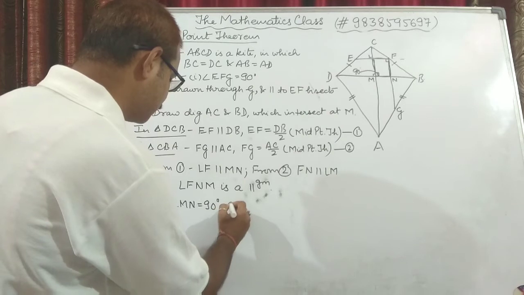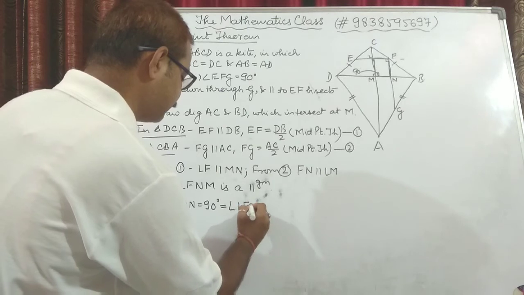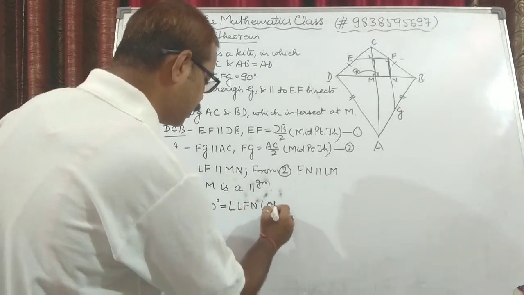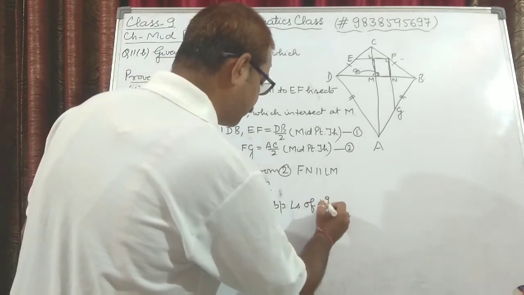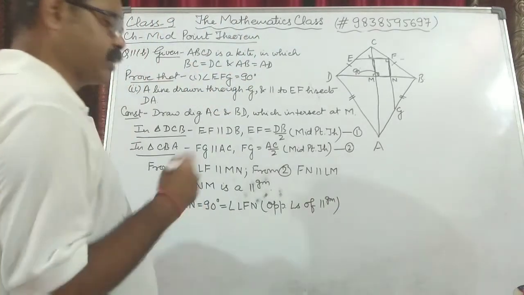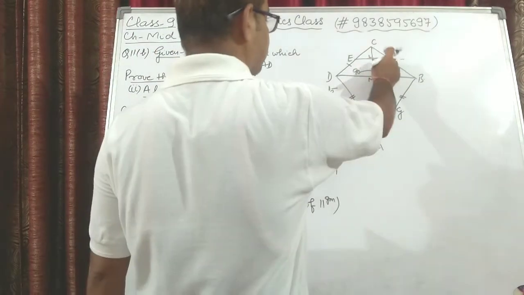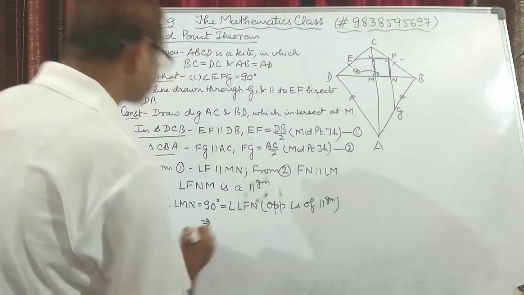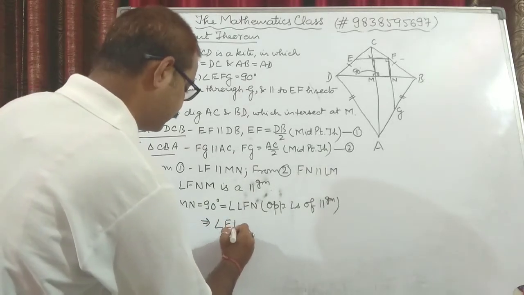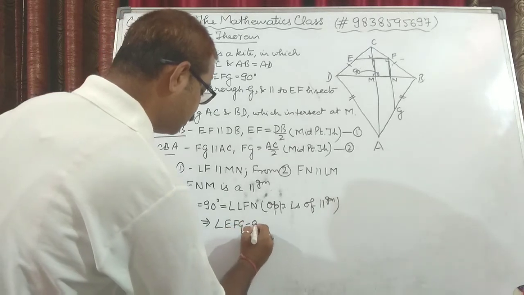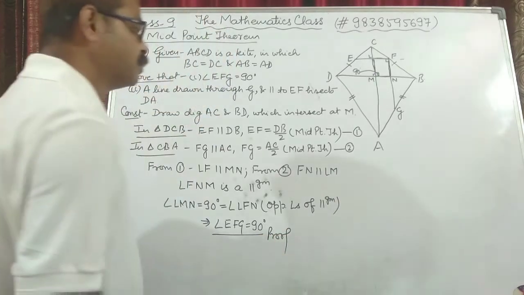So angle LMN is equal to angle LFN, and the reason you will say is opposite angles of a parallelogram are equal. So when LMN is 90, we have proved this also 90, which implies that angle EFG is equal to 90 degrees.